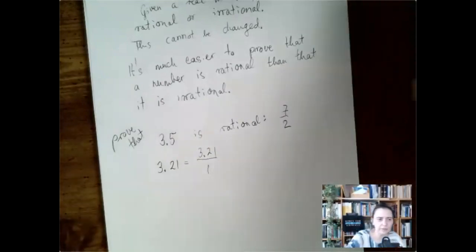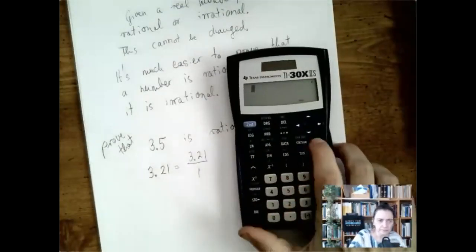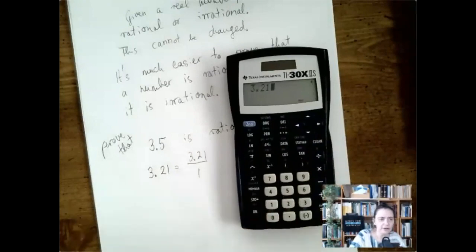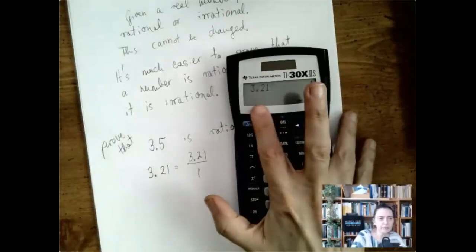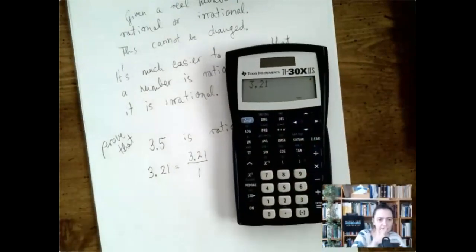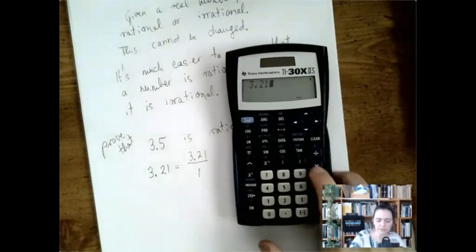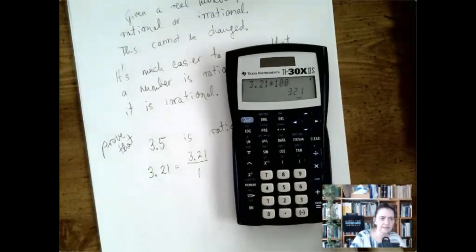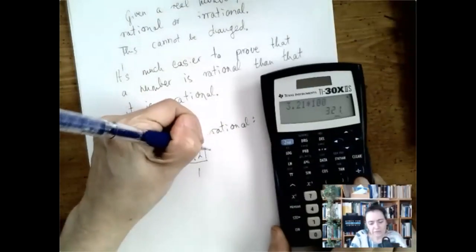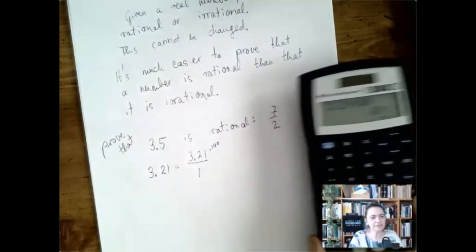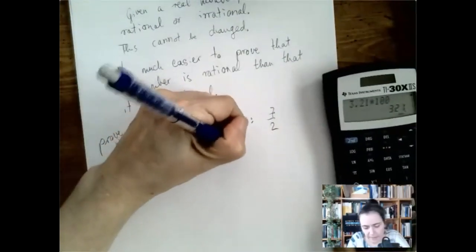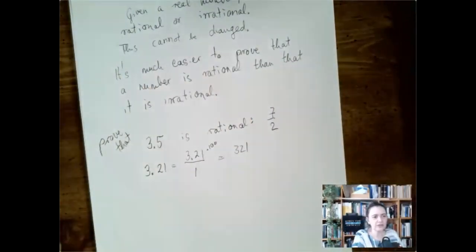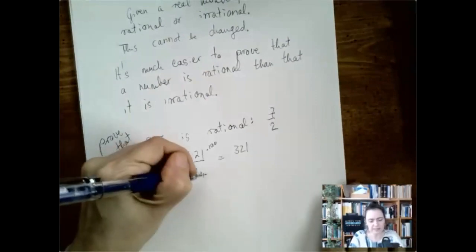So for example, 3.21. Mentally, if you want to move the decimal point to the end, you have to move the decimal point 2 decimal places. That means 2 zeros. So if you multiply by 100, there it is. If you multiply the top by 100, that will fix the top. And we are now committed to 100 because it has to be the same number upstairs and downstairs.